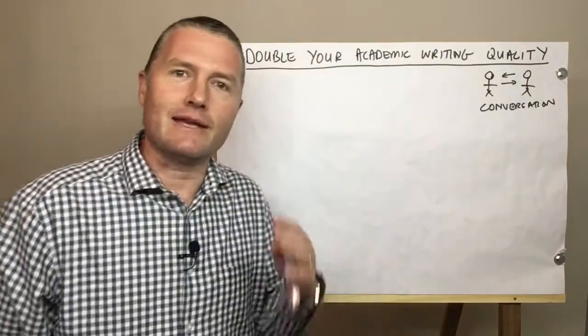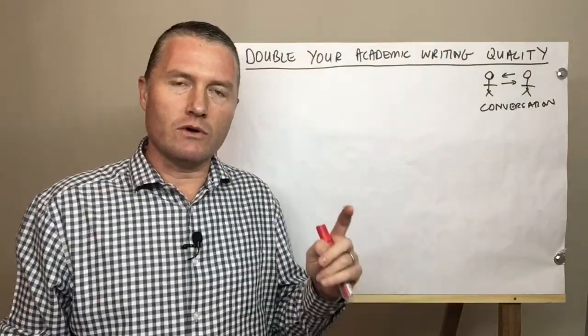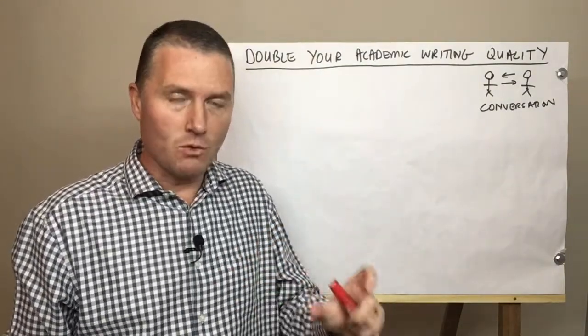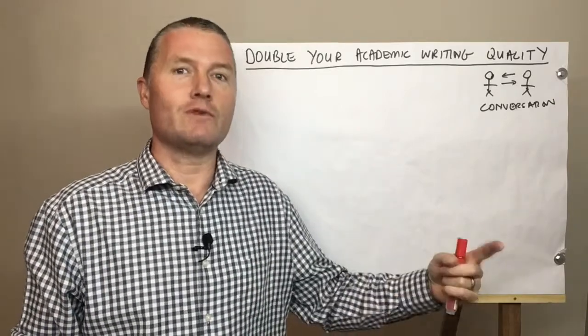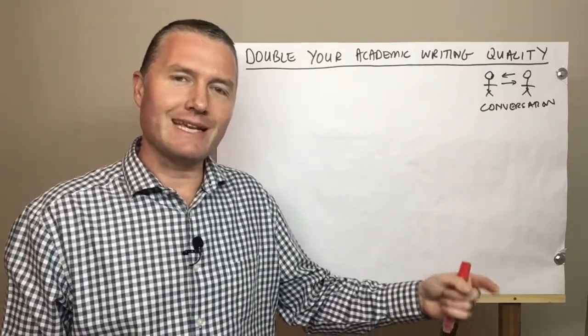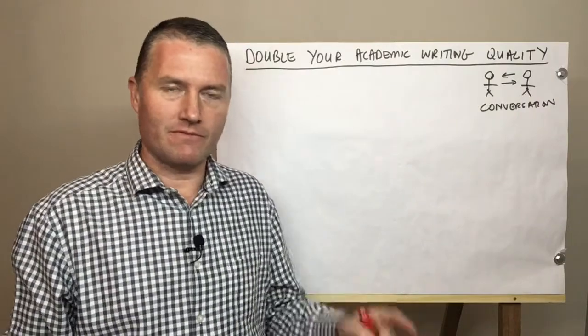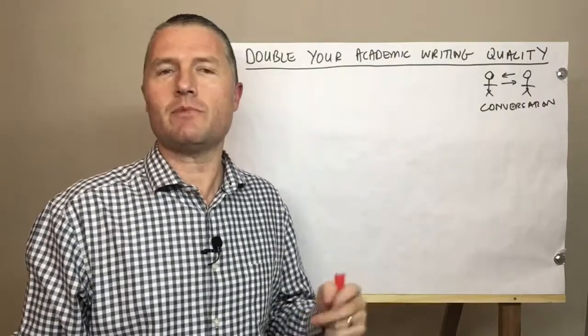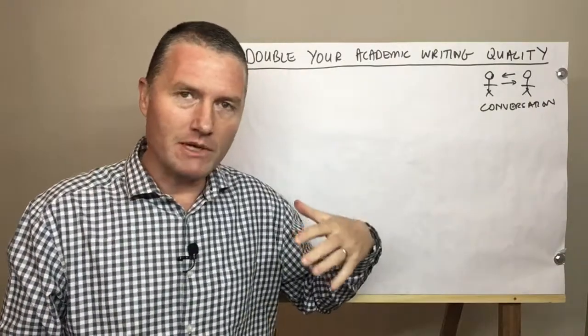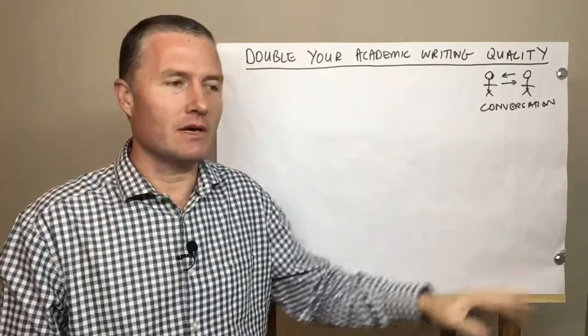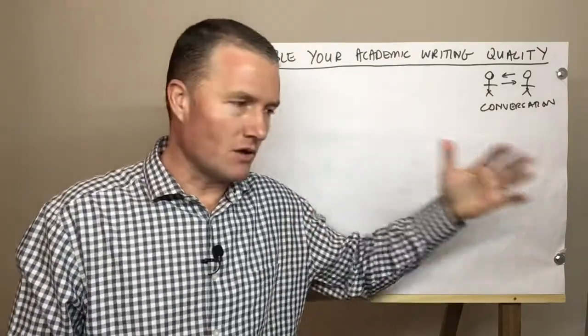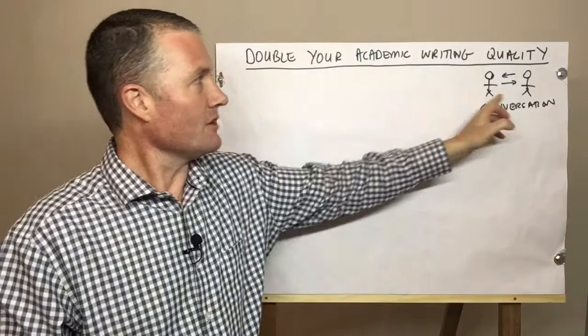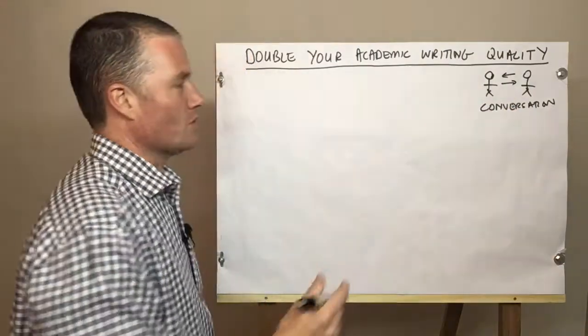Now, as a writer, you are also having a form of conversation with your reader, but you're not getting any real-time feedback. Now, you will get feedback at some point, but it'll often only be once you've submitted something or after a much longer period of time than you would get in a conversation.